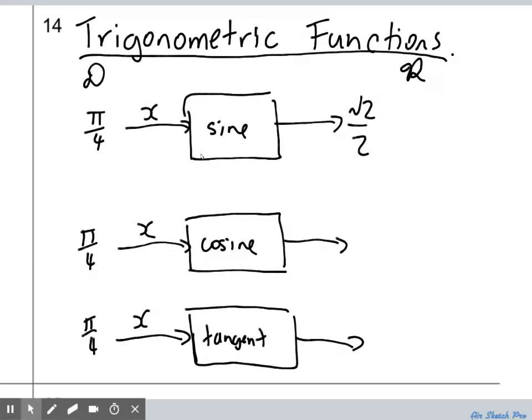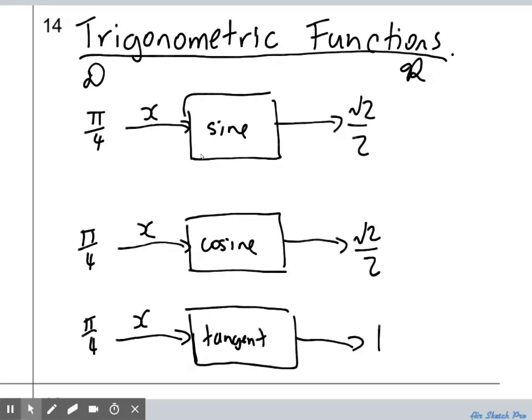The output for cosine is root 2 on 2, and the output for tangent is 1. Okay? So you need to know these things, guys. As far as I can tell, you don't get an exact values chart on the exam. So these need to be tripping off your tongue.